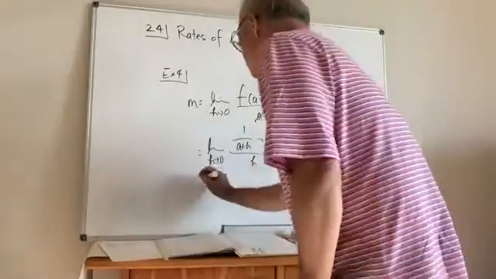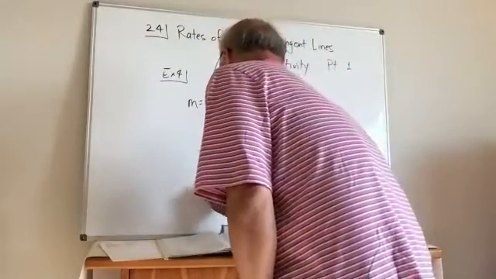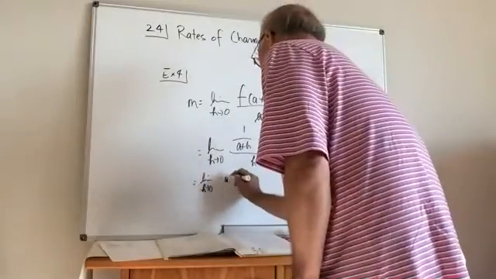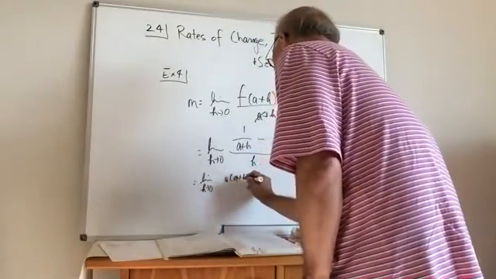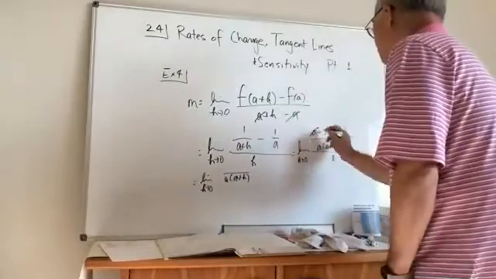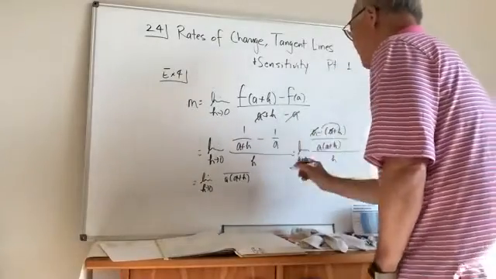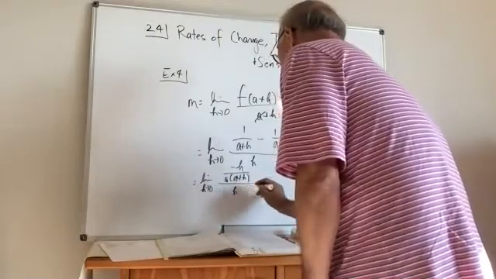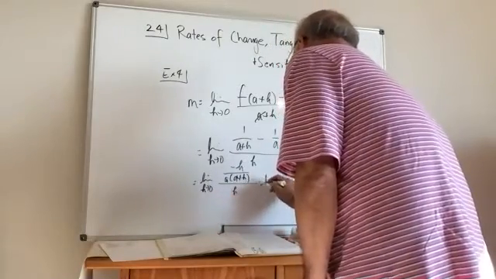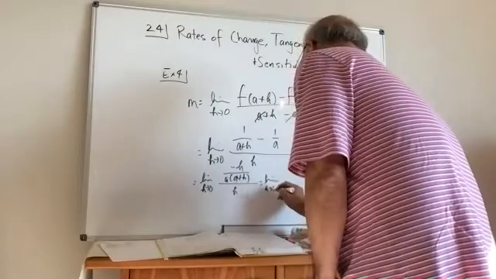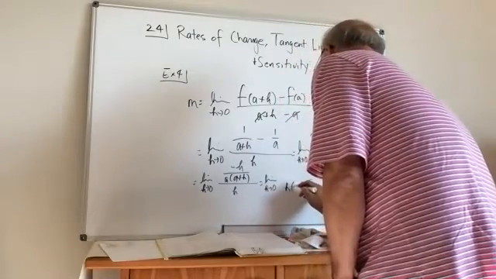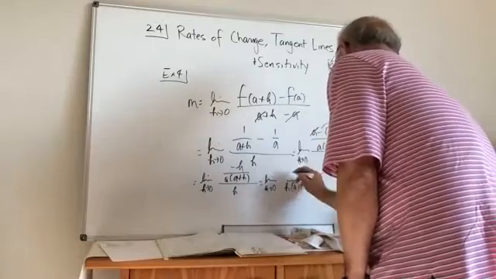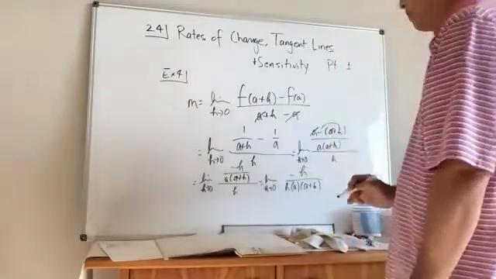Okay, so if I continue on, I get the limit as h goes to 0. The denominator here becomes a times a plus h. And over here, the a's cancel out, I have minus h. So I have minus h all over h, which is the same as the limit as h approaches 0 of 1 over a times a plus h, times minus h over h.